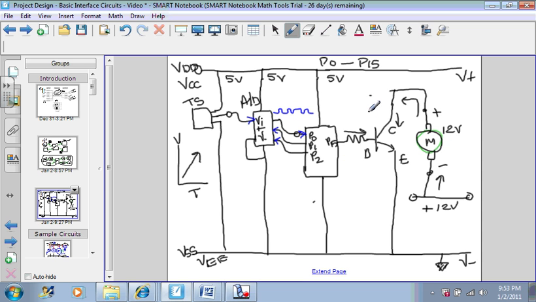So this part of the circuit right here is the driver, the C, the B, and the E. You can get a single transistor out of the lab to do this, or you can use the Darlington driver integrated circuit and use one of the transistors from that integrated circuit to operate your motor.